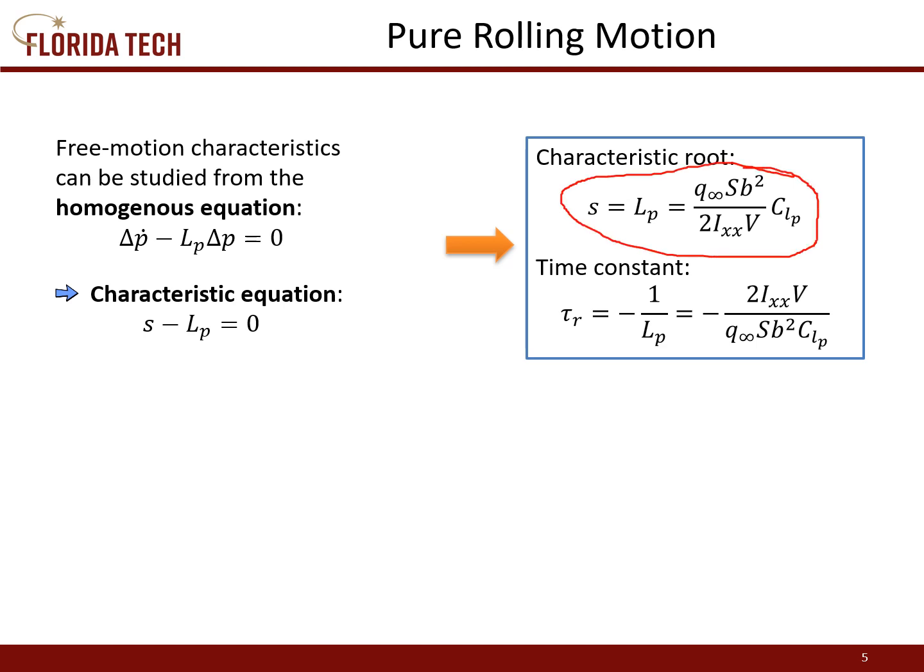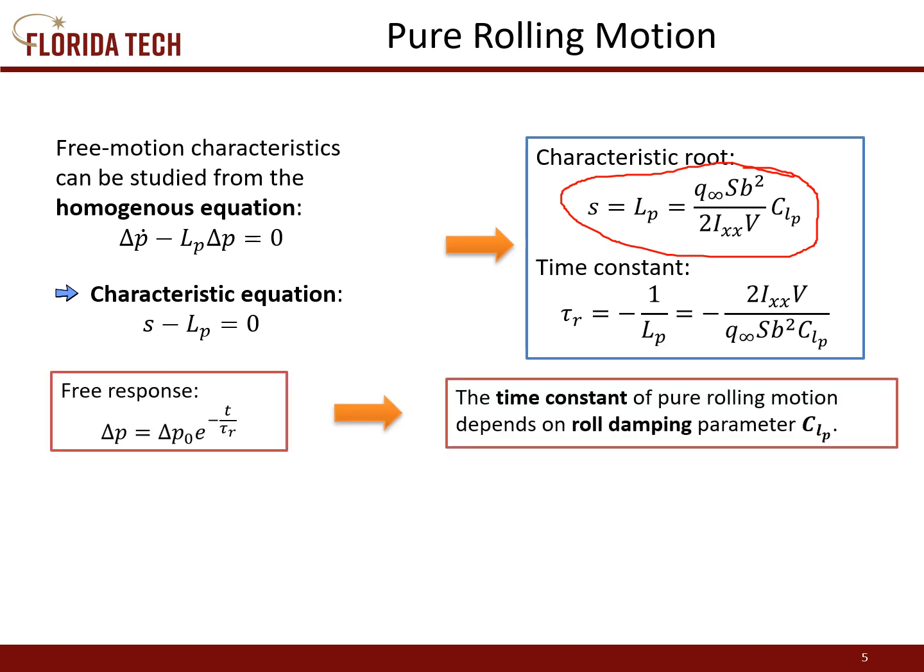We're going to define the time constant to be -1 over that. If you remember time constants, when we look at the free response back in the time domain, the time constant is going to be right here in our exponential term. So the time constant for pure rolling motion is going to depend on our roll damping parameter CLP. So that's the dependence right there.